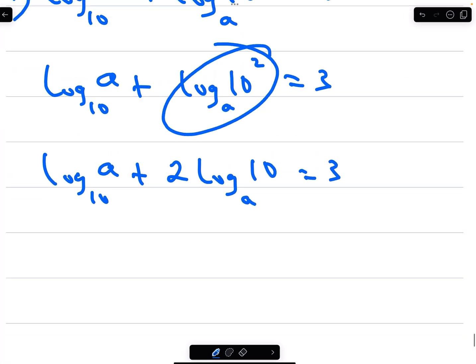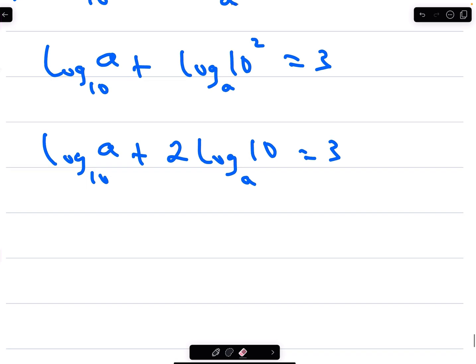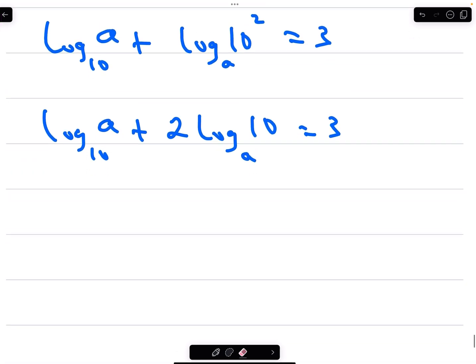Of course, you remember the law that says log p raised to the power n base b is equal to n log p base b. So that's why log 10 raised to the power 2 base a is the same as 2 log 10 base a.